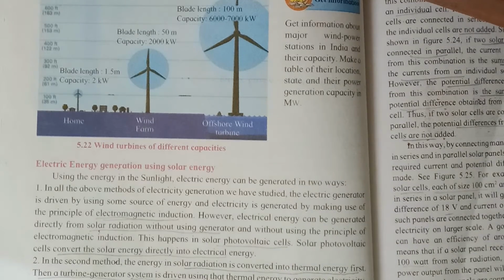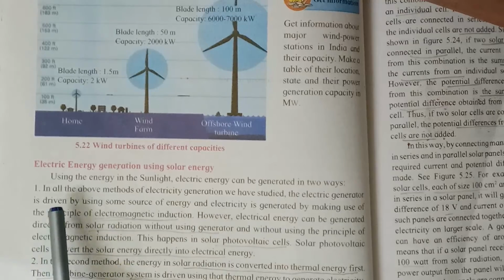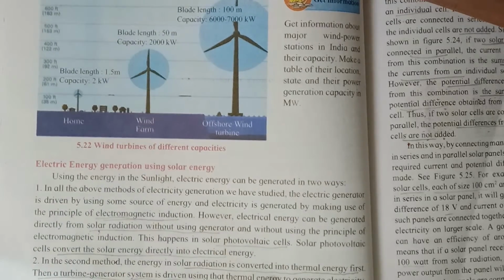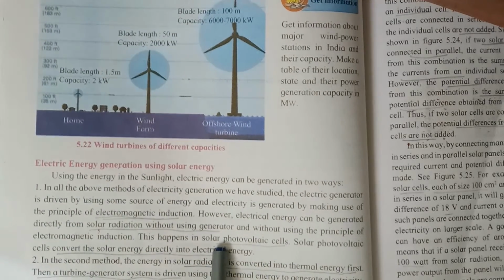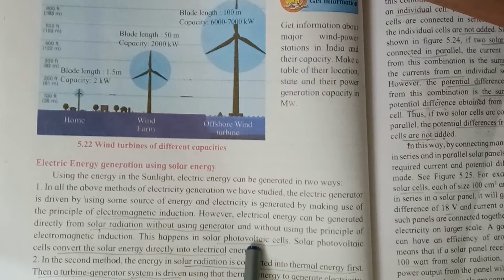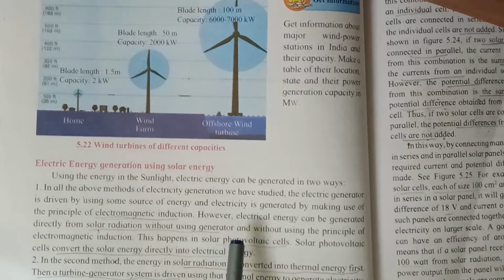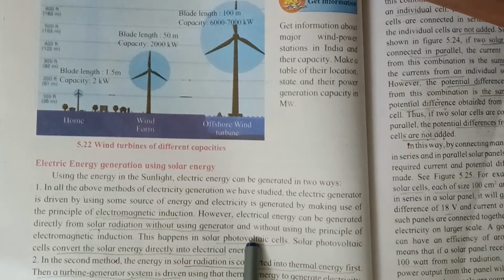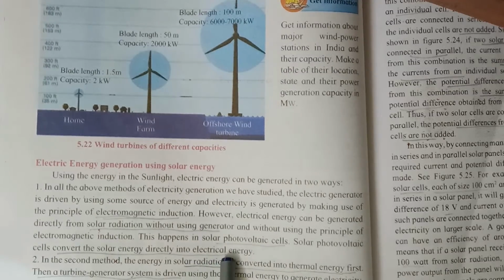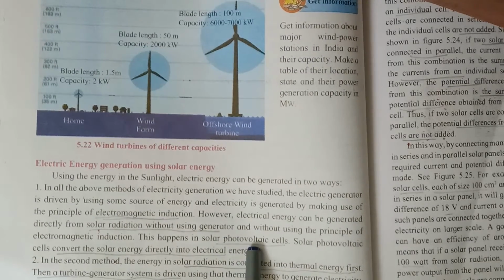In the first way, electricity is generated from solar energy by using the photovoltaic cell. In this photovoltaic cell, solar radiation is directly converted into electrical energy. The first method is by using the photovoltaic cell.